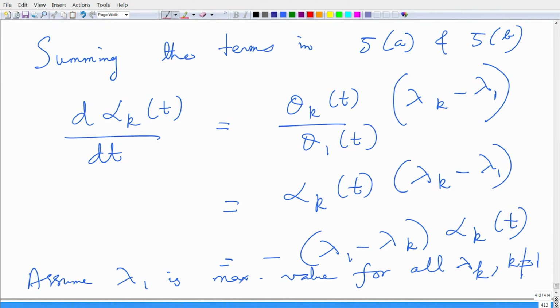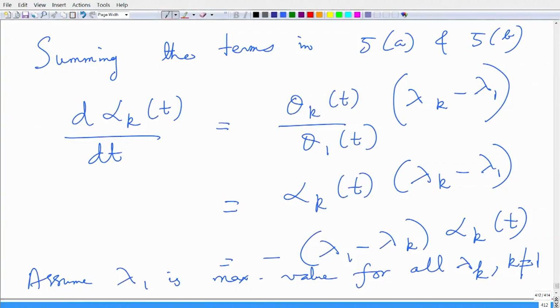So, what is the interpretation here, besides all this algebraic jugglery? Why did I happen to do this? Now, recall that these theta i's are functions of time that are sticking before this eigen expansion, and we want to evaluate the relative strengths of these functions of theta with respect to the first component.